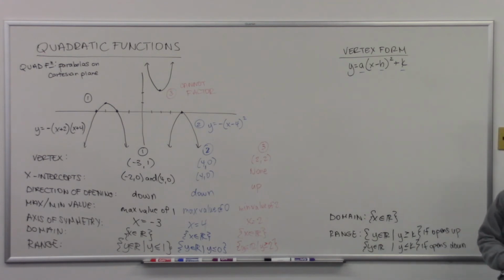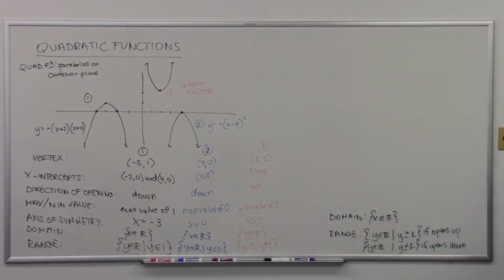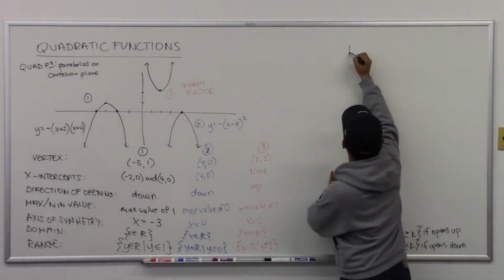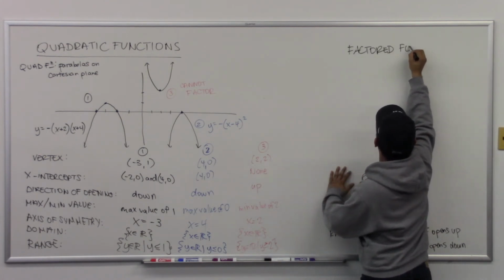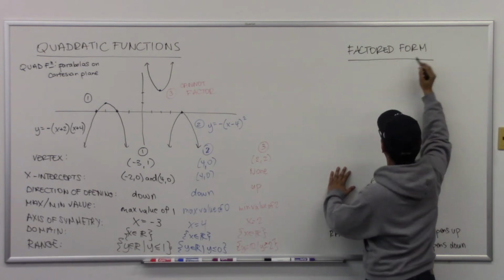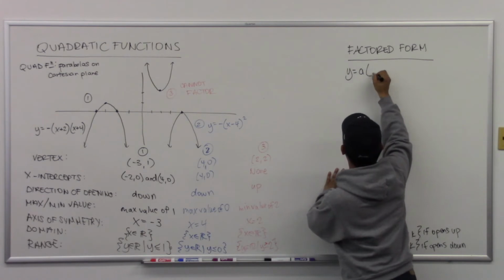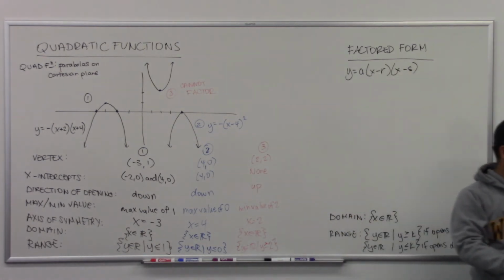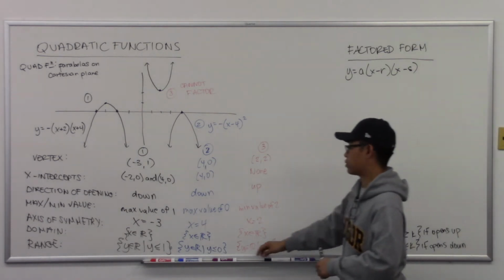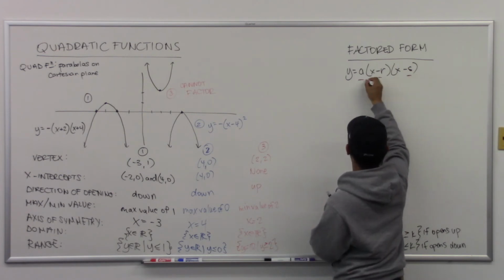Okay. So factored form is going to look like y is equal to a x minus r x minus s, where a, r, and s are different numbers.